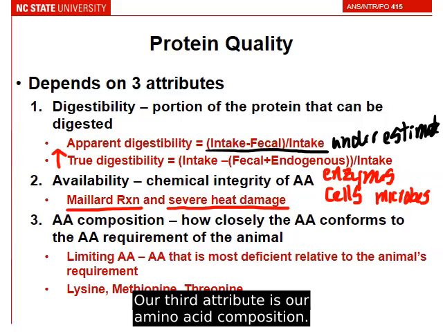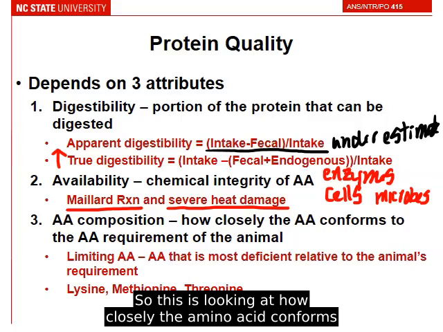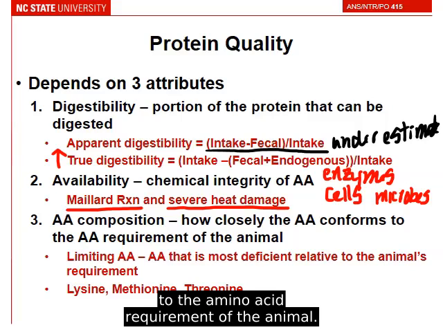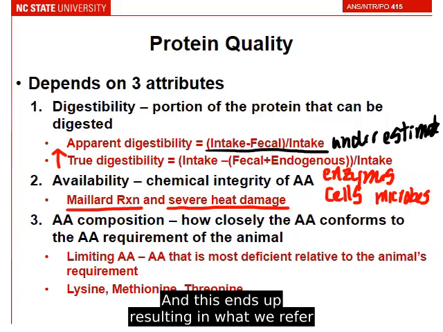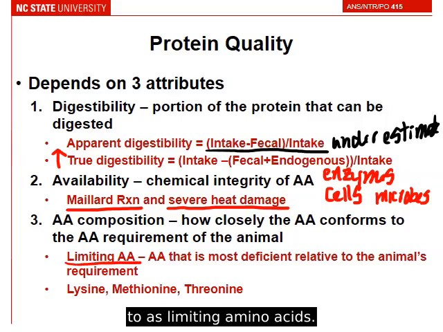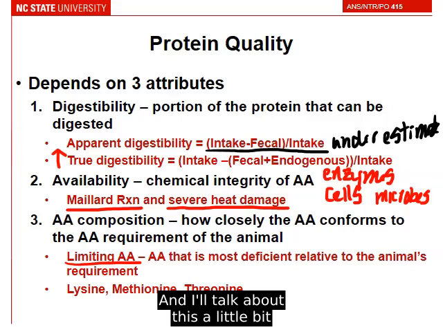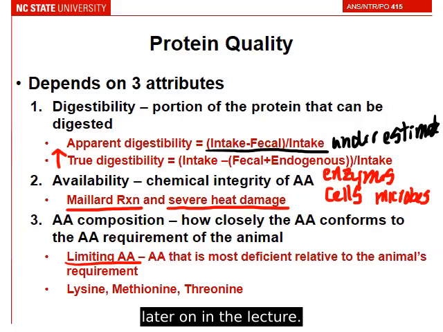Our third attribute is our amino acid contribution or composition. So this is looking at how closely the amino acid conforms to the amino acid requirement of the animal. And this ends up resulting in what we refer to as limiting amino acids. And I'll talk about this a little bit later on in the lecture.